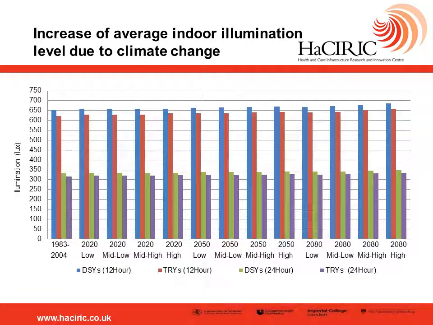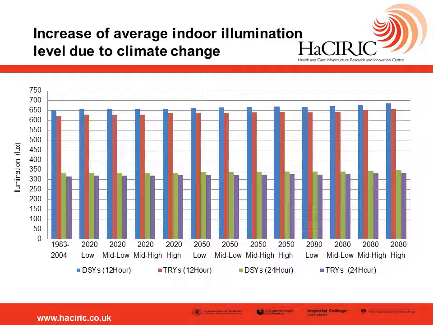This graph summarizes the changes of average indoor illumination level from present to extreme future, considering the average of 24 hours and selected 12 hours of daylighting. It is evident from the graph that increase of illumination levels were higher for design summer years.